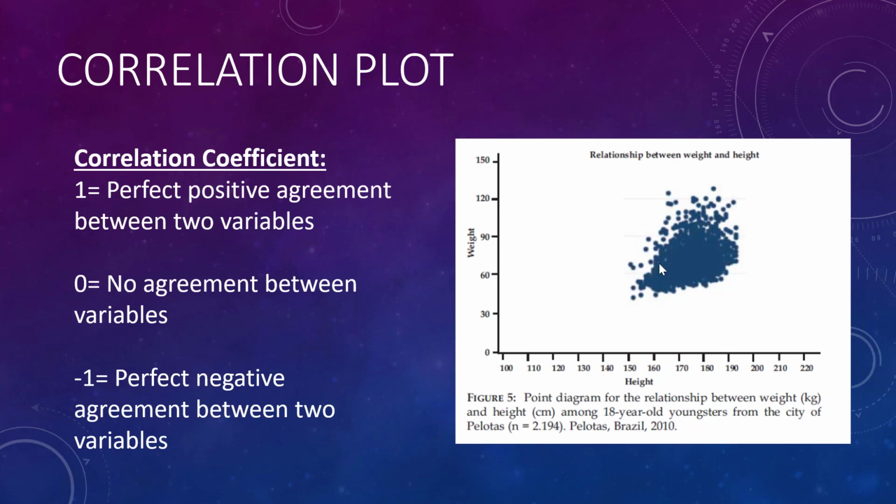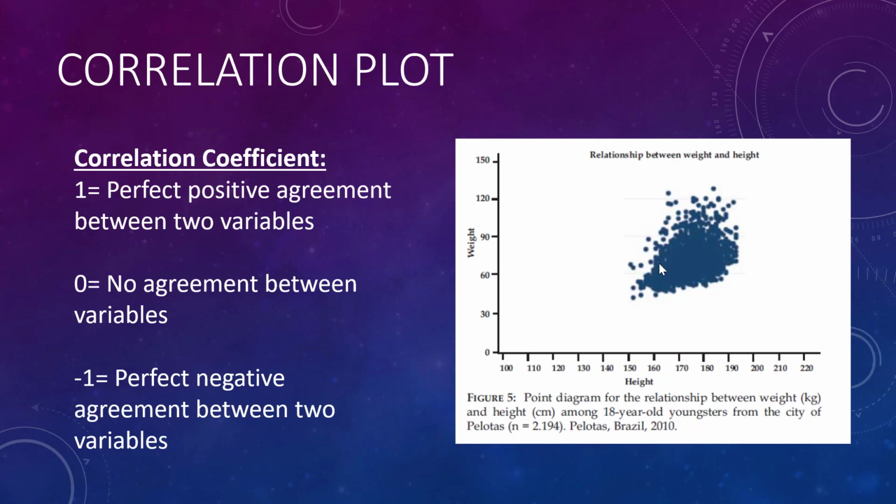If a correlation coefficient is 0, that means there's no agreement between the variables. So for instance, we might have dots just kind of scattered all over with there really being no rhyme or reason. If we have a -1, that means there's a perfect negative agreement.